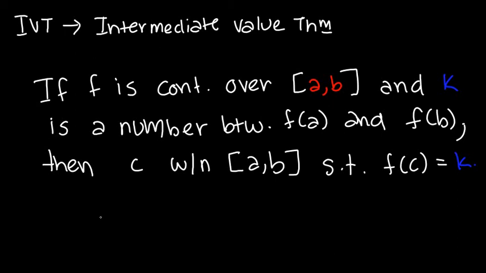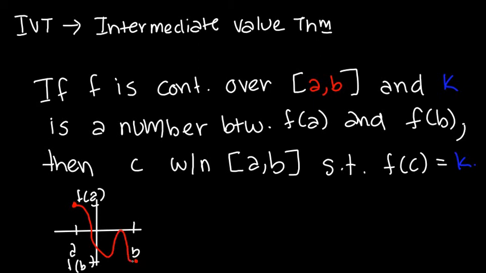So we just need to look at a graph to understand this concept. Say this is a and this is b. This is f of b and this is f of a. So we can draw a graph here connecting these points. Let's just say it's continuous, like that.